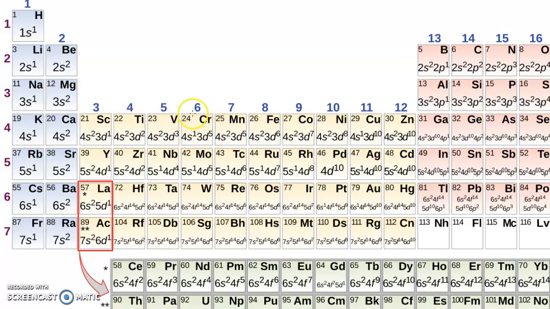But over here, chromium, this column is an exception column. So over here, chromium number 24, molybdenum number 42, tungsten number 74. You can see this column look a little bit different. And over here, the d orbital, the d that's 5, d that is 5, d that is 4. So it's a little bit different. So those are the exceptions. And those are not the only two exceptions.